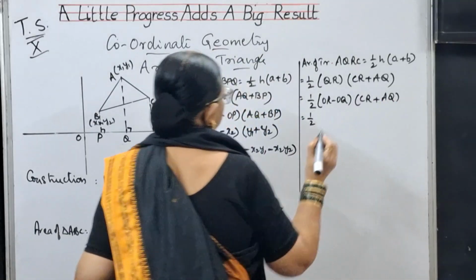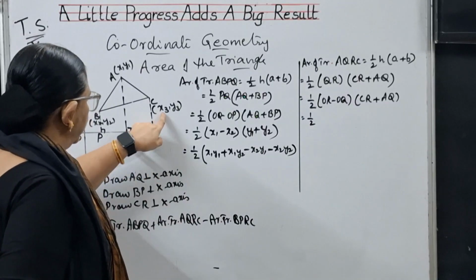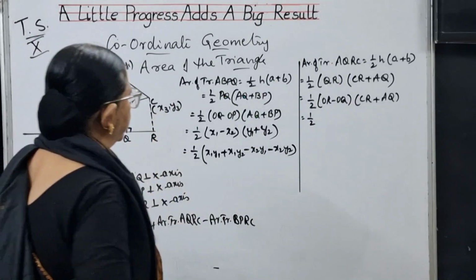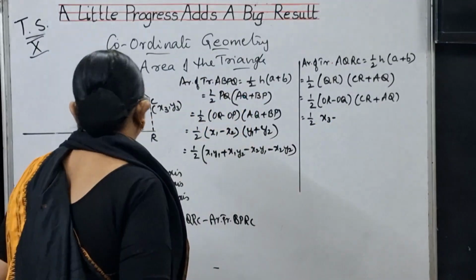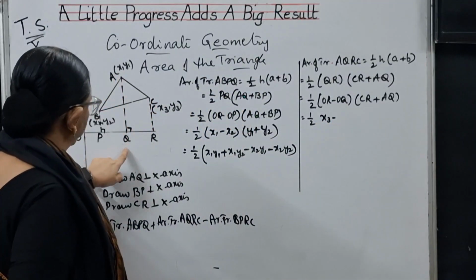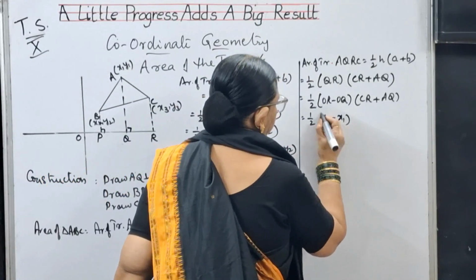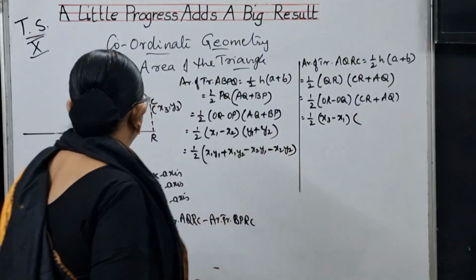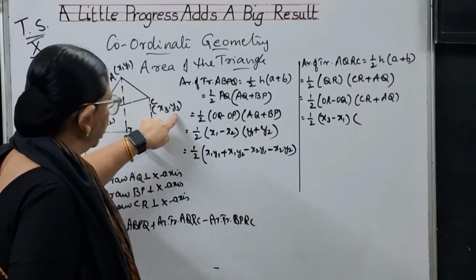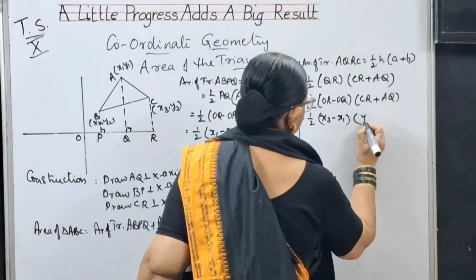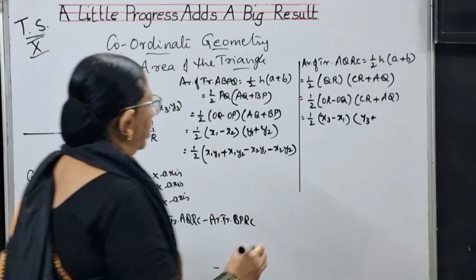This is nothing but half into OR, from here to here, our x value. This is x3, so this also becomes x3. So OR is x3 minus OQ. Q is also x1, as we already have written. So x3 minus x1 into CR. CR, that is this height, is y3, plus AQ. AQ is y1.